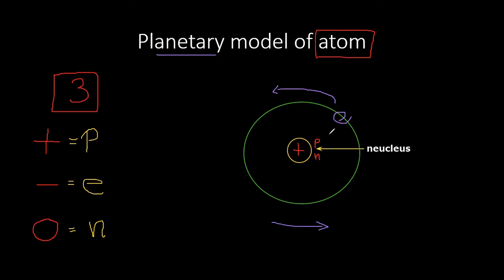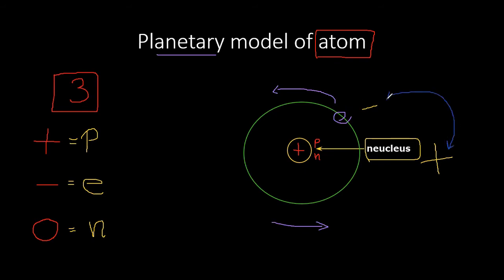And these electrons are rotating at very high speed because we know that the nucleus consists of positively charged protons and neutral neutrons. So the charge of the nucleus is positive and the charge of the electrons is negative. Anywhere we can find positives and negatives, these two will attract together.